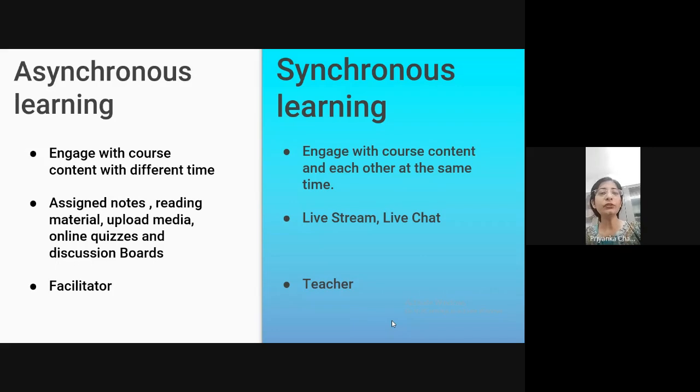When you engage your student with the content by providing some material, by assigning some notes, uploaded media in the form of quiz, then it is called asynchronous learning. In case of synchronous learning, teacher guide them. In case of asynchronous learning, teacher's role is like a facilitator.